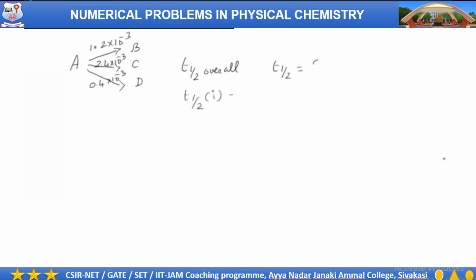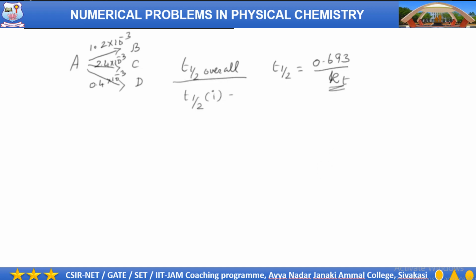That is equal to 0.693 by the K value. This is the equation used for first order kinetics. Are you sure? First order kinetics, 0.693 by K. Here, for the overall reaction, you should put K total.